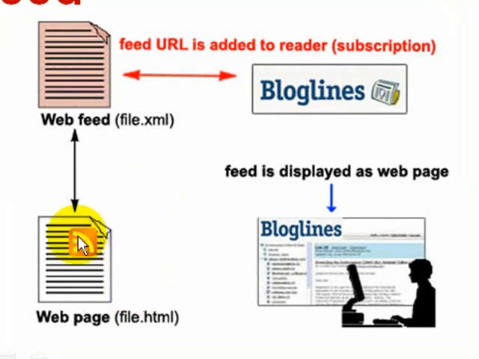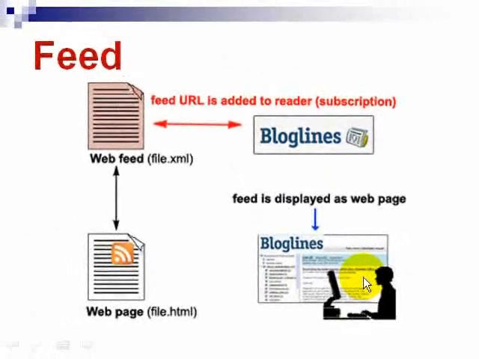Okay, so here we have a web page, and the web page has a feed. There's that feed icon. So we have an HTML file and an XML file. The URL of the XML file is added to the reader, and then when you access the reader to see your feed, the feed is displayed here as a web page.